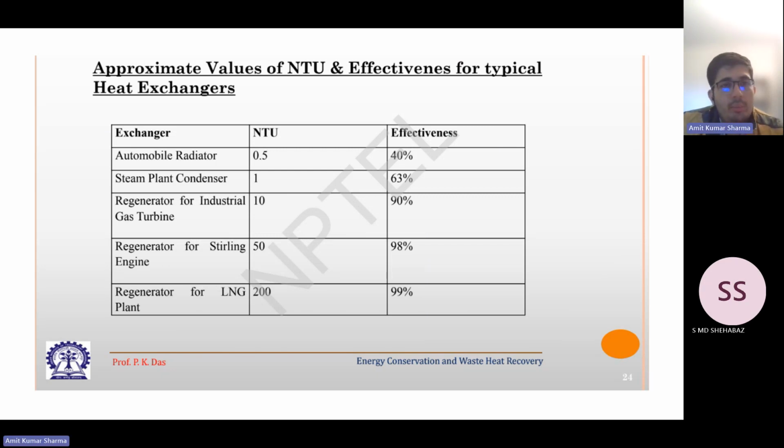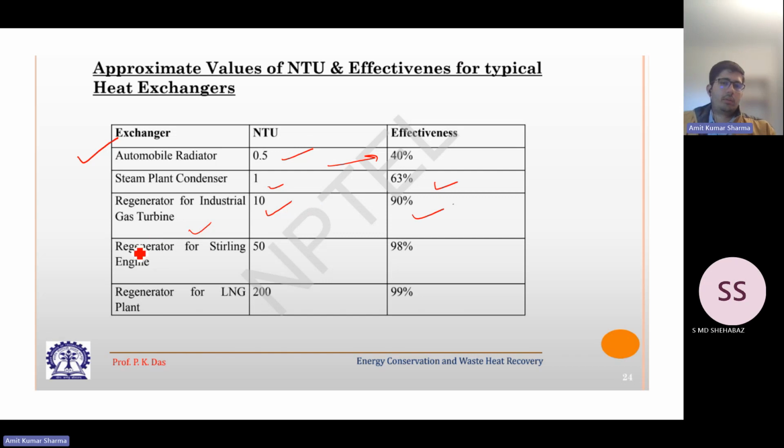Now we have approximate values of NTU and effectiveness for typical heat exchangers. For an automobile radiator, NTU is in the range of 0.5, effectiveness is 40%. Steam plant condenser, NTU is 1, and effectiveness 63%. Regenerator for industrial gas turbine, NTU is 10, effectiveness 90%.